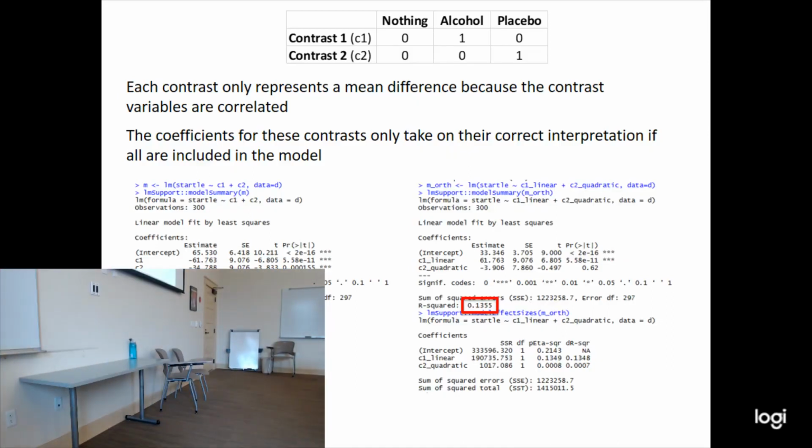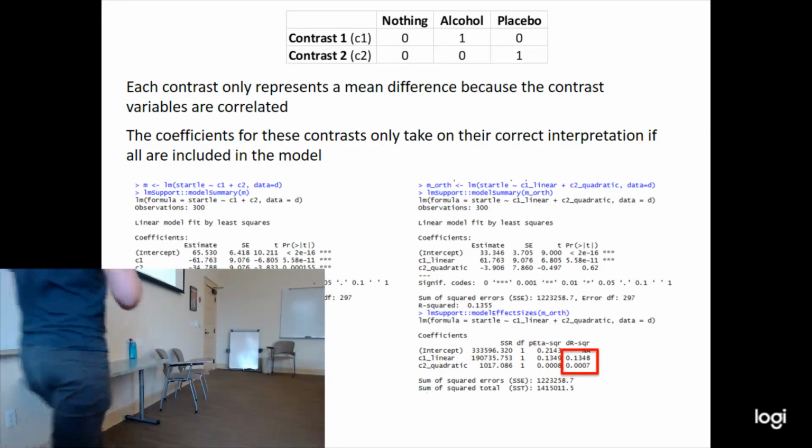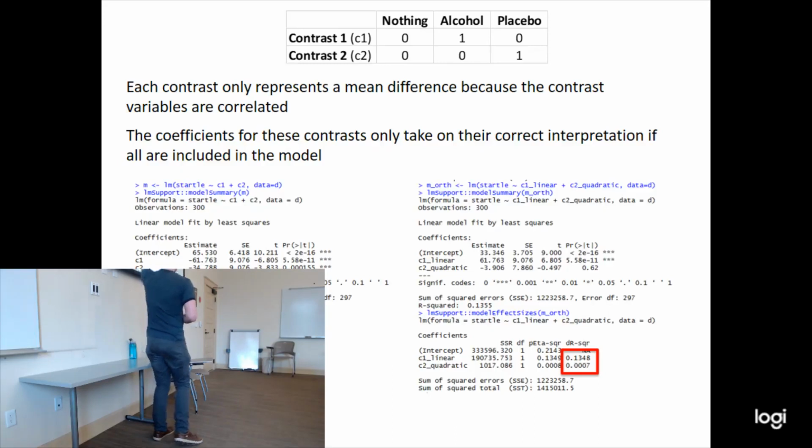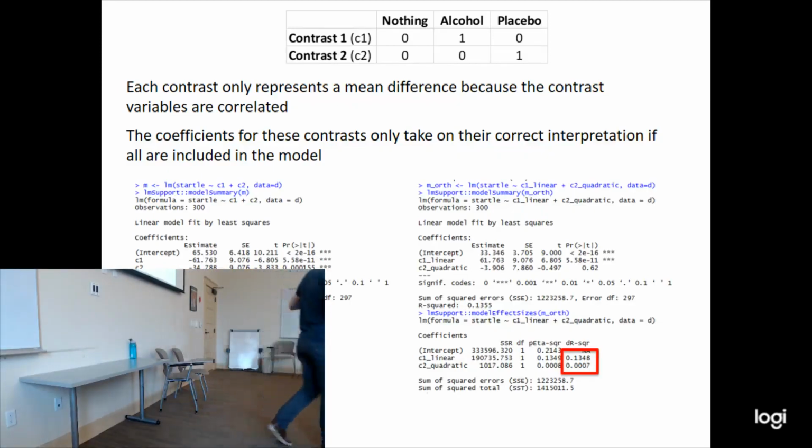But another difference from planned orthogonal contrasts is that if you look at the change in R squared due to each individual variable, that sum does not equal what happens if you look at the variables as a set.